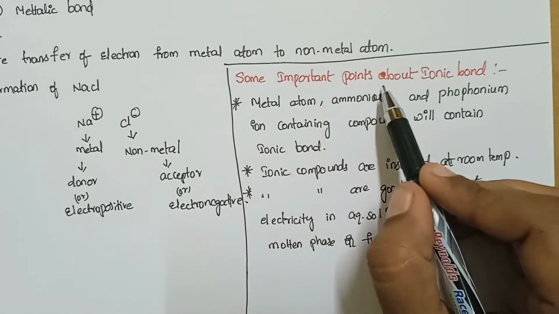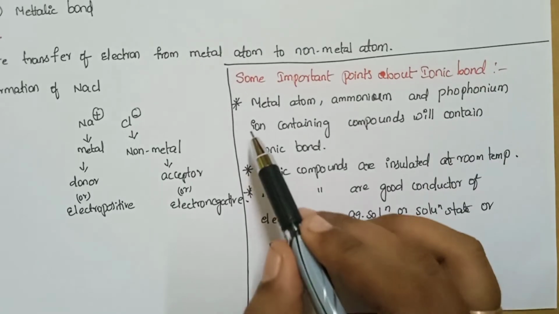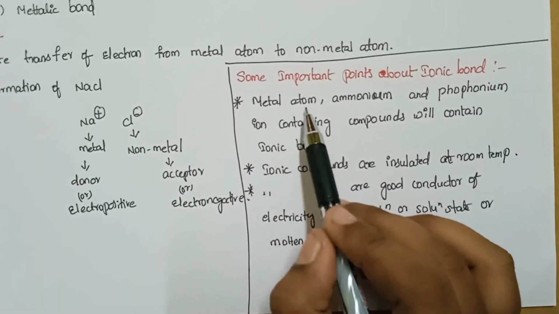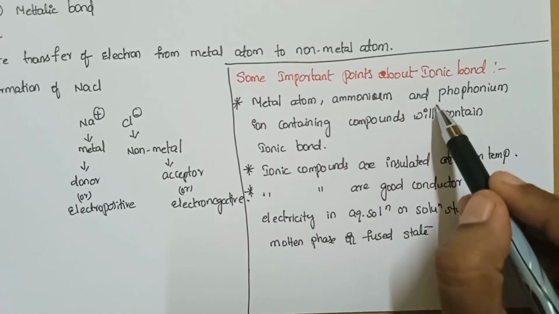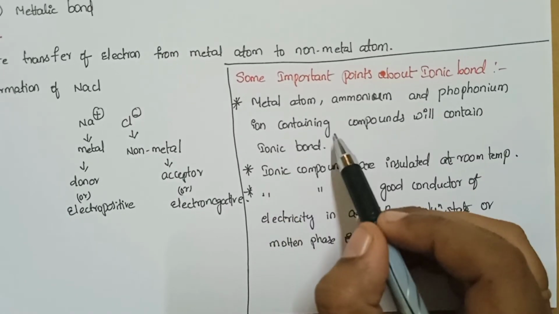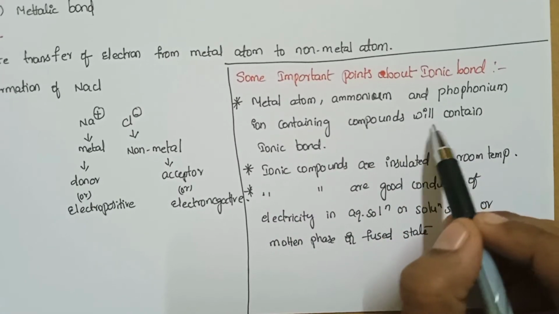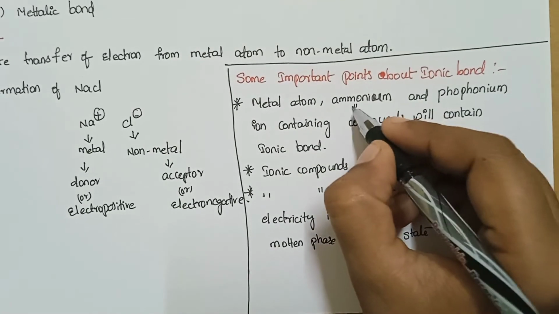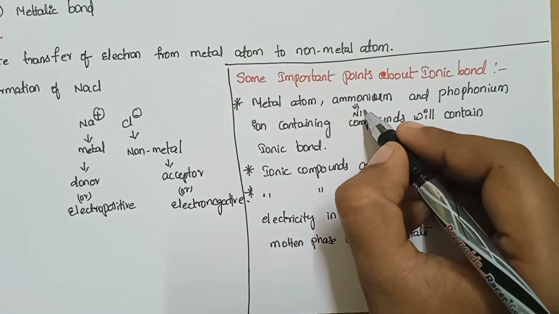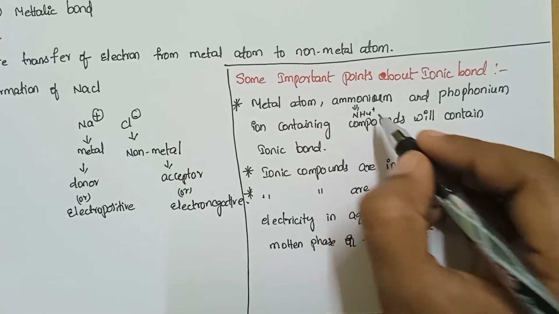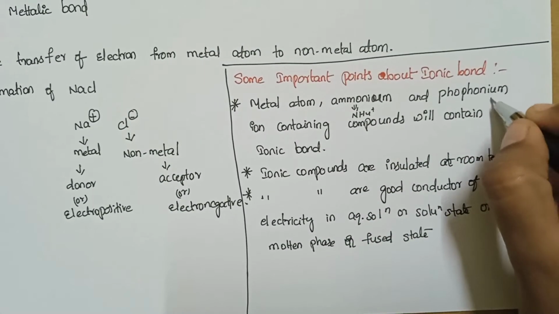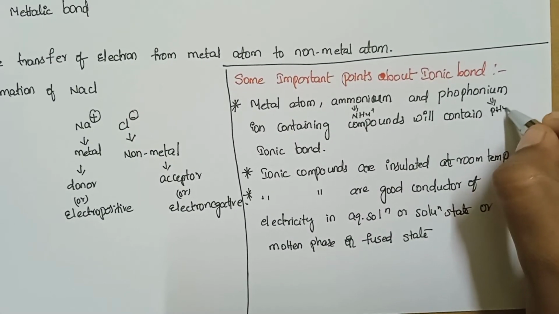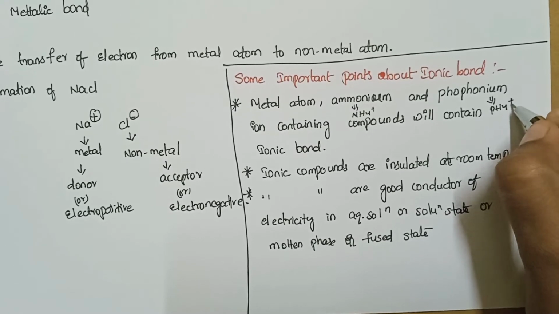Some important points about ionic bond. So first point, metal atom, ammonium and phosphonium ion containing compounds will contain ionic bond. Okay, ammonium NH4 plus, the structure of phosphonium PH4 plus.